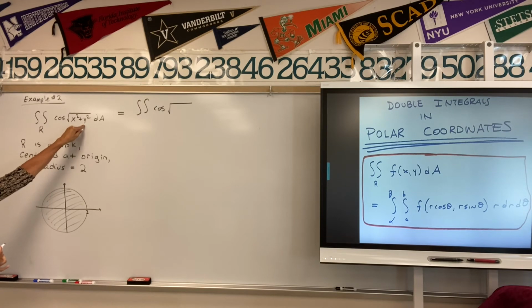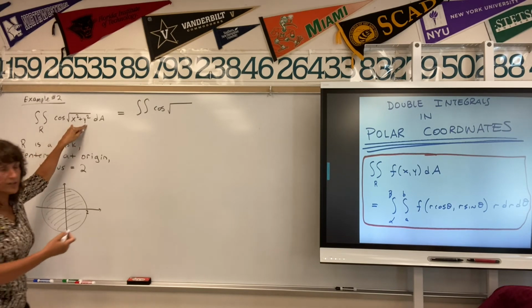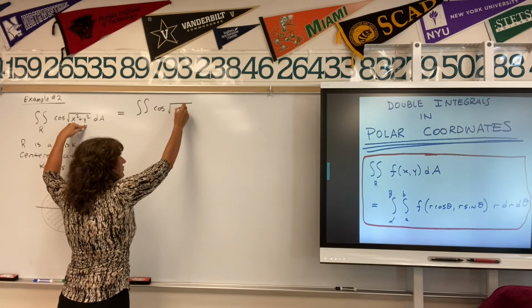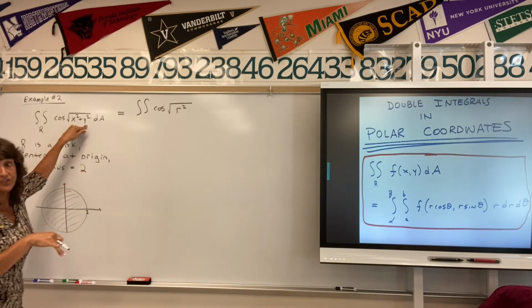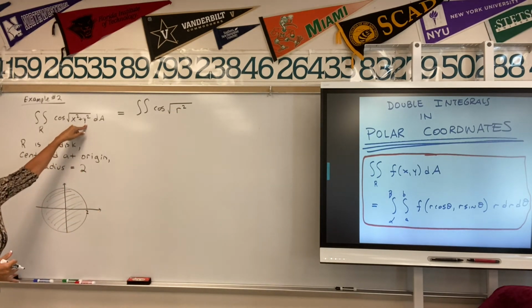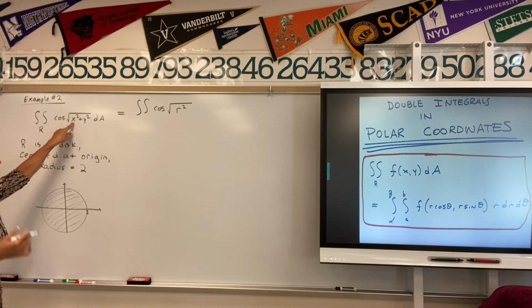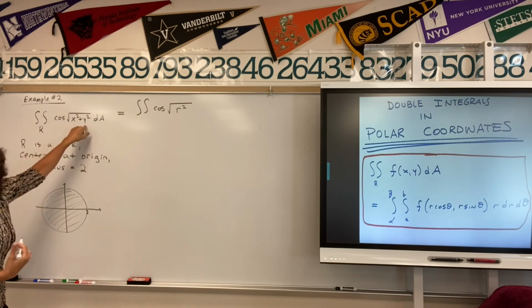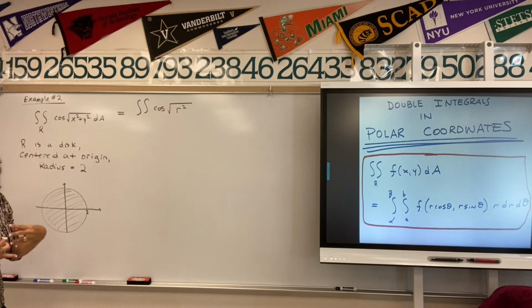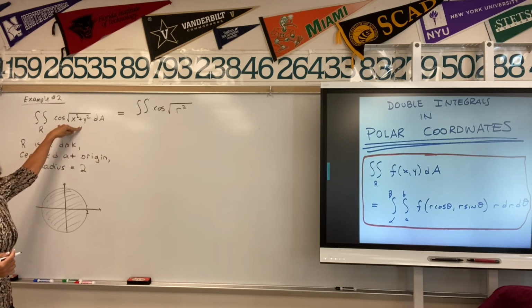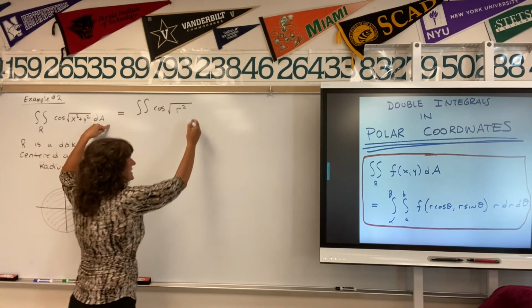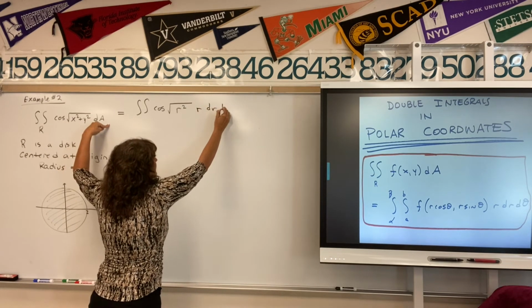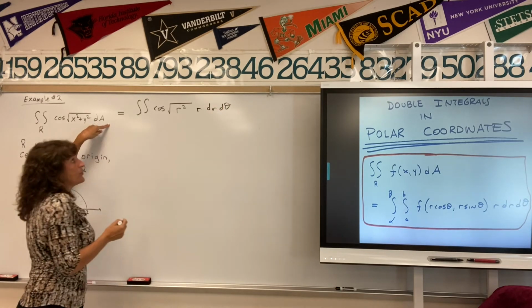Do you remember the other conversion? x squared plus y squared is r squared. All four of those conversions are at your disposal when you write your integrals. It's so much easier to just put r squared here. If you called x squared r cosine theta quantity squared and y squared r sine theta quantity squared, when you simplified you would see it's r squared. So this takes care of the integrand. Now what do we do with dA? dA is r dr d theta.